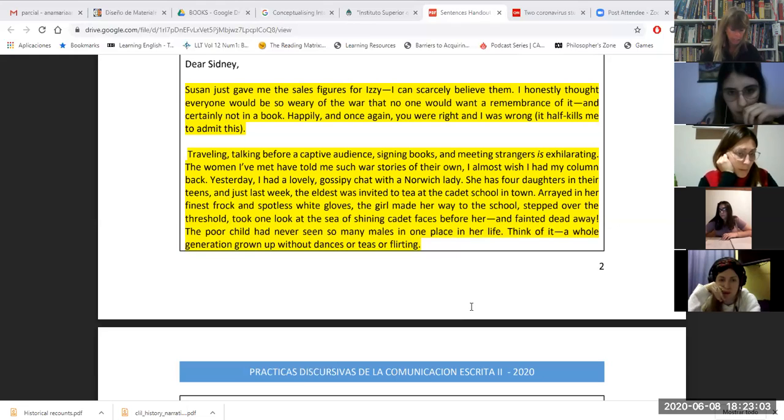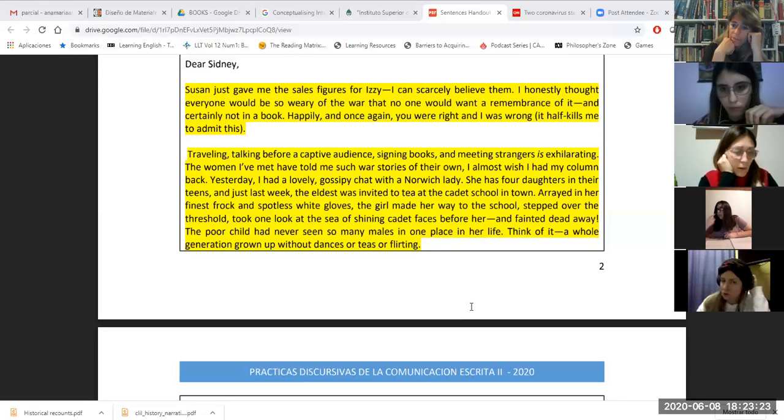So, what do you think? It's a compound sentence. Okay, why, Rachel? Why do you think that it is a compound sentence?